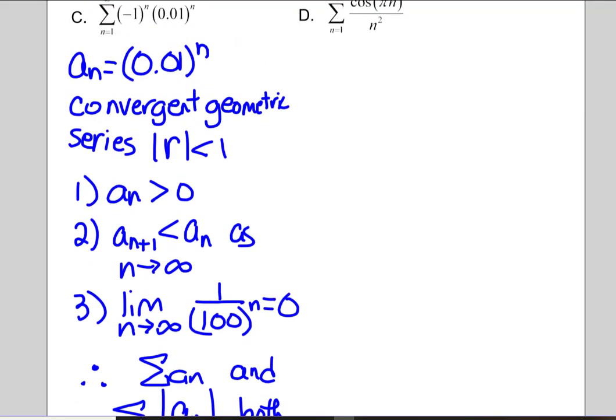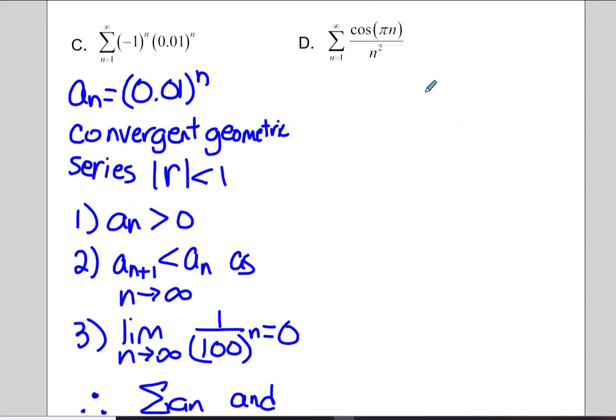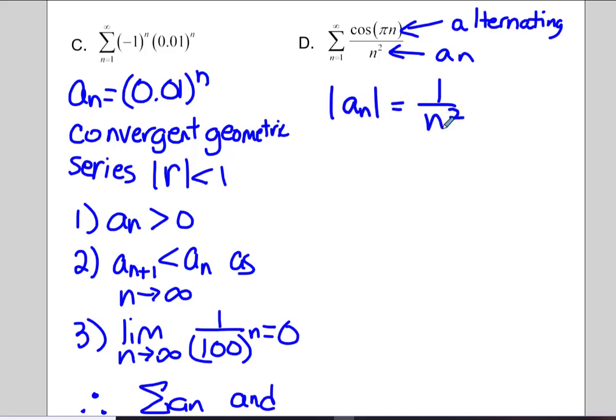And then our last example, we've got cosine pi n over n squared. Cosine is going to alternate between -1 and +1, so our numerator is our alternating portion, and our denominator is our a sub n portion. The absolute value of a sub n is 1 over n squared, and we just saw in example B that this is convergent.